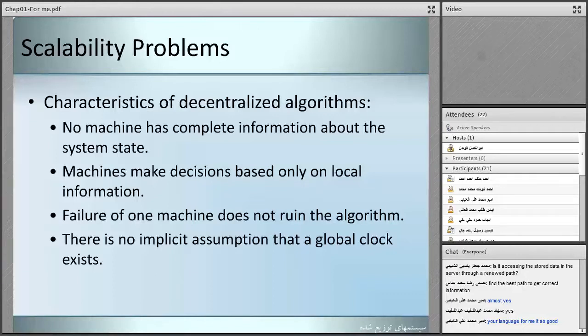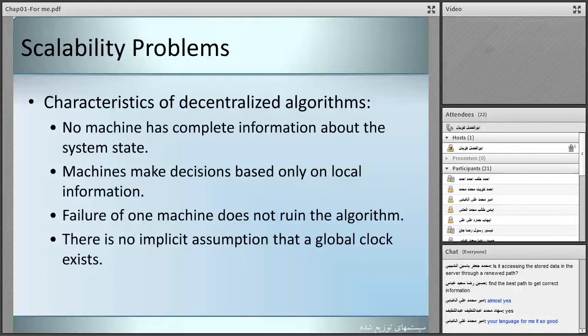Is it possible? No, it's not. Why? Because syncing the time between all these machines is not possible. It's impossible, in fact. We cannot sync all the machines exactly at the same time.